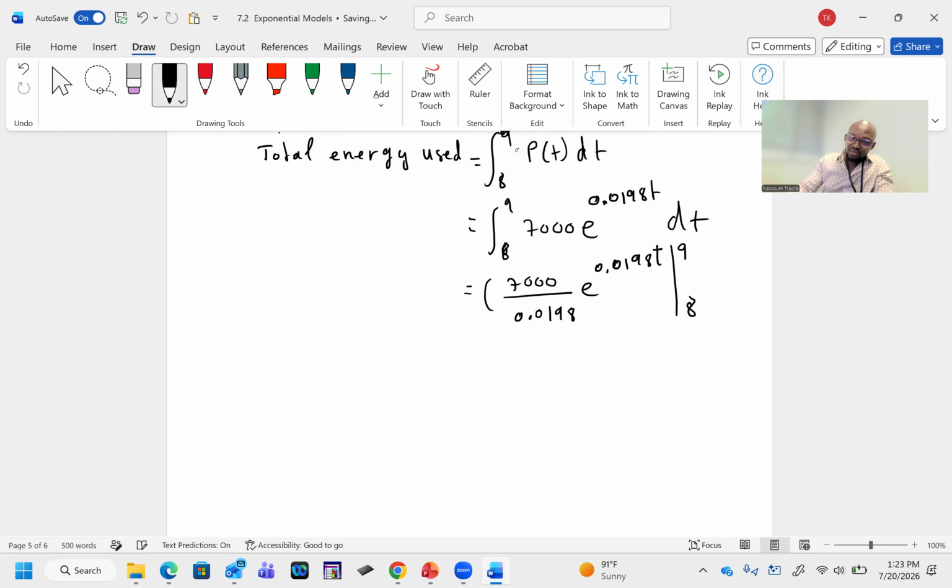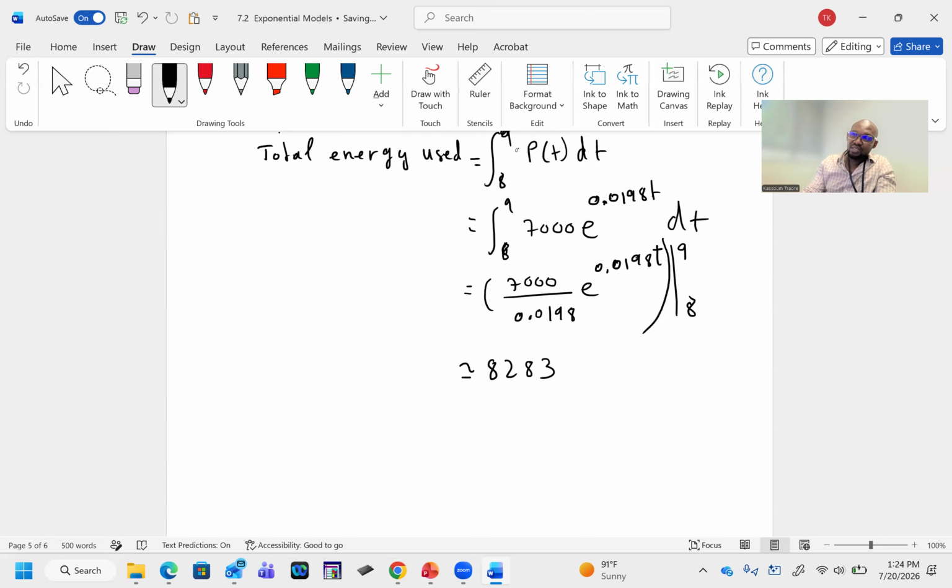You find the value, then you substitute the 8. So which will give us approximately 82, 83. Because the unit of P is megawatt and T is measured in years, the unit of energy used is megawatt per year.